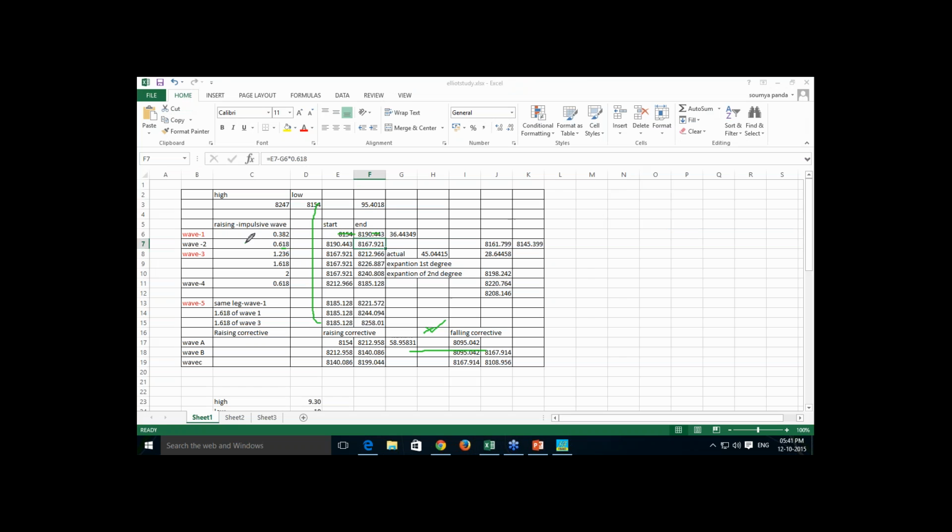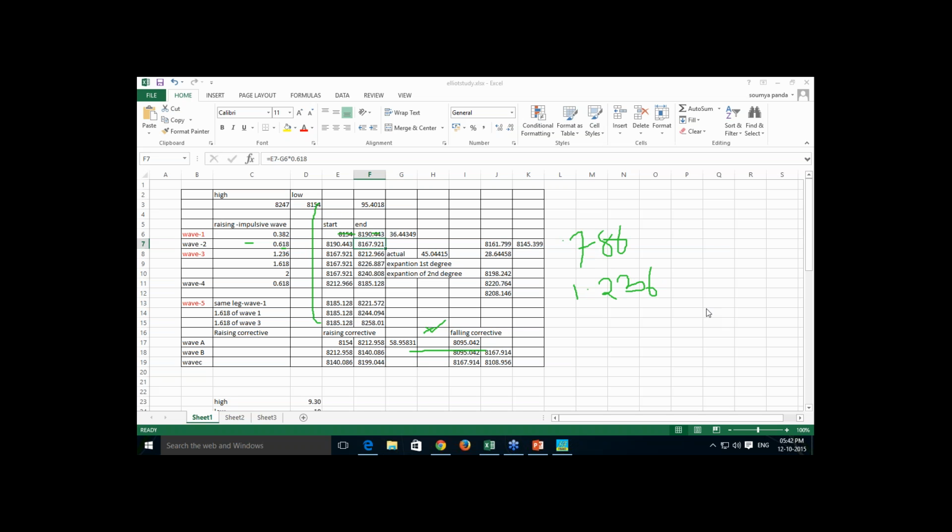But if wave 2 is an expansion going to 0.786 level and expands further, and once it goes to 1.236 level of wave 1, suppose wave 1 has given you 30 points and wave 2 is correcting till 1.236 retracement level, then you can say an ABC formation is going to take place after a complex correction. So it should be considered as an ABC formation.